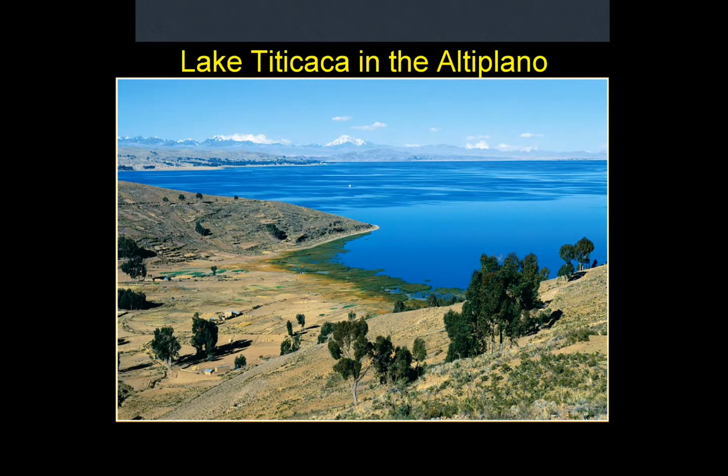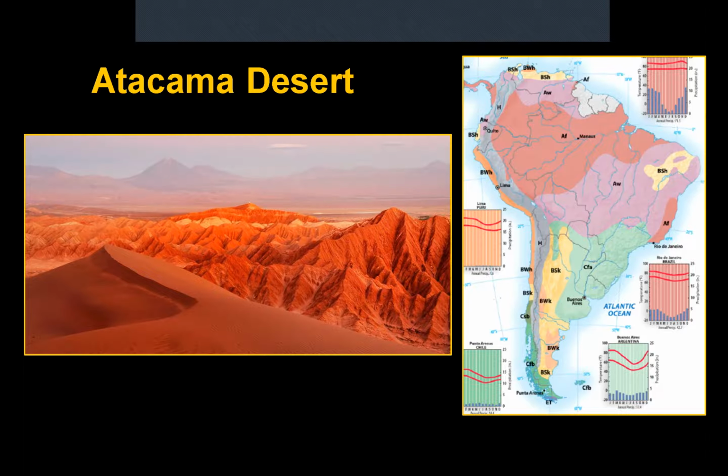There are also floating islands where people have created islands out of reeds, and they live on these floating islands. Again, this lake is almost at 13,000 feet in elevation, so it's really, really high, but it's a large lake.